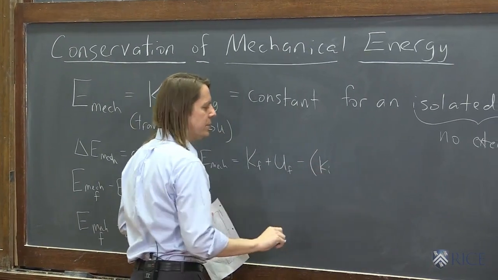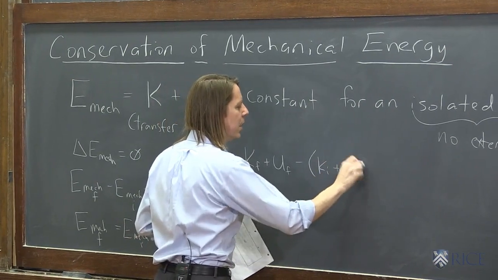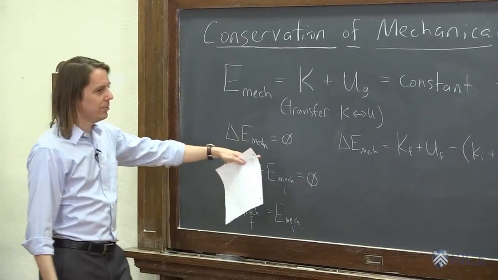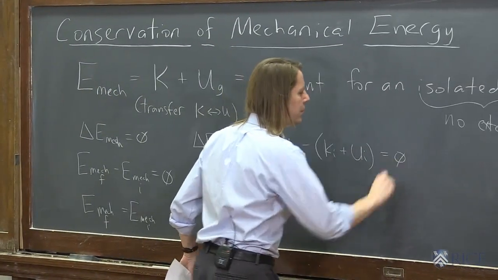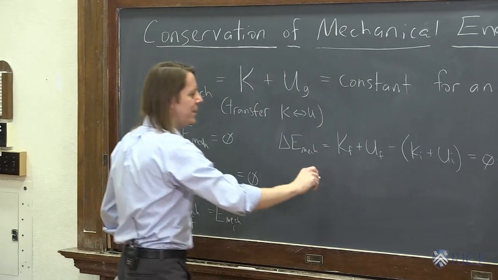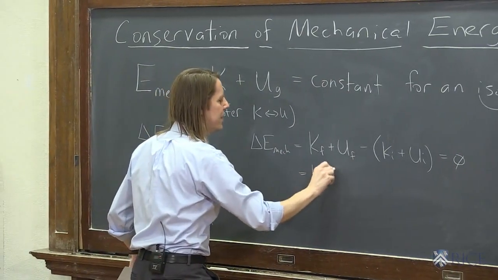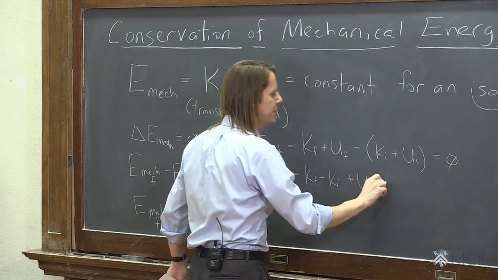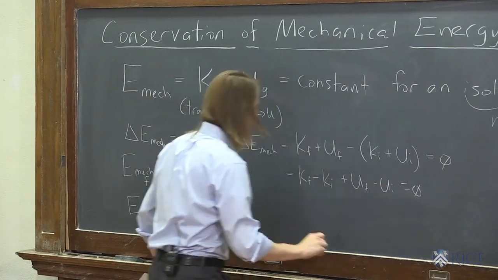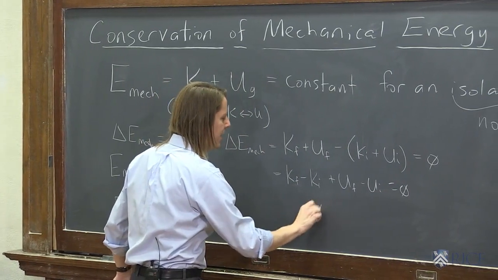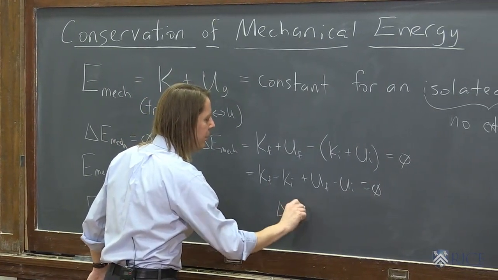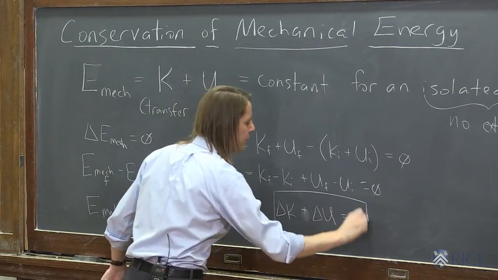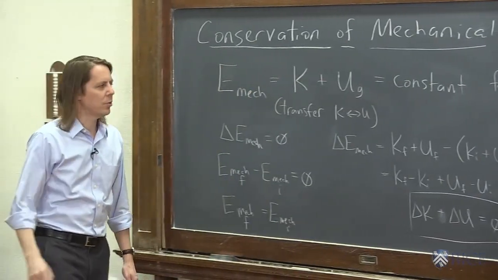So initial K plus initial U, right? And that must be equal to 0, right? Then if you rearrange this a little bit, you see that it's equal to the final kinetic minus the initial kinetic plus the final potential minus the initial potential equals 0, which means that delta K plus delta U equals 0.